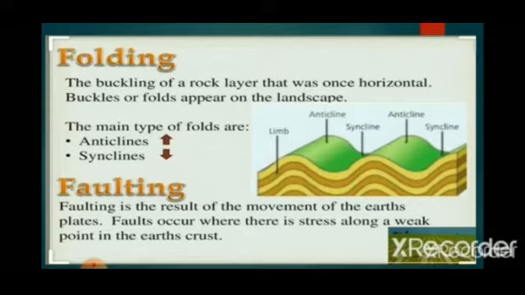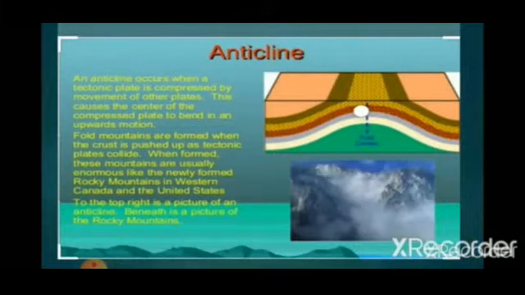Faults occur when there is stress along a weak point of the earth's crust. Both folding and faulting usually happen in areas at the side of a tectonic plate, or those weak portions of the earth's crust. On this earth, the landmass we usually call the lithosphere.